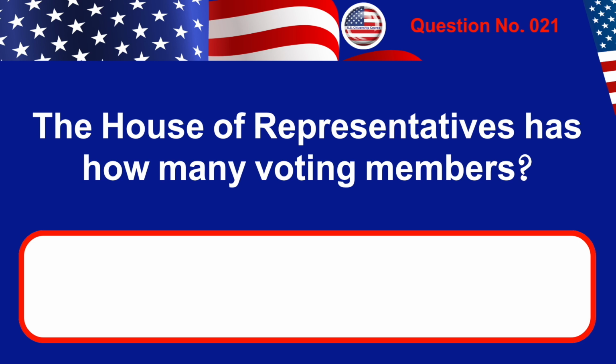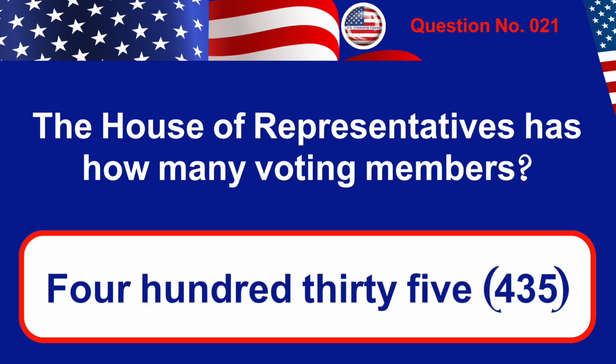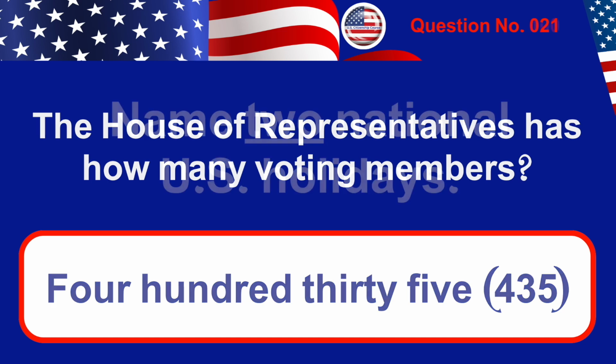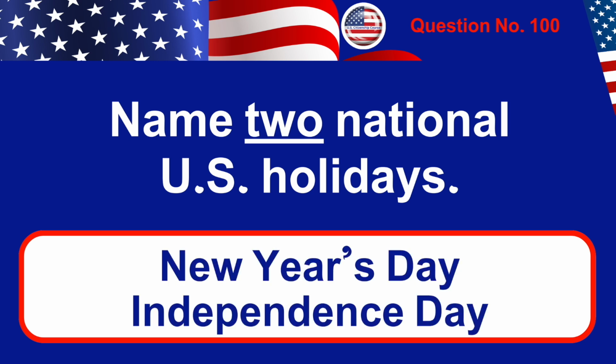The House of Representatives has how many voting members? 435. Name 2 national U.S. holidays. New Year's Day, Independence Day.